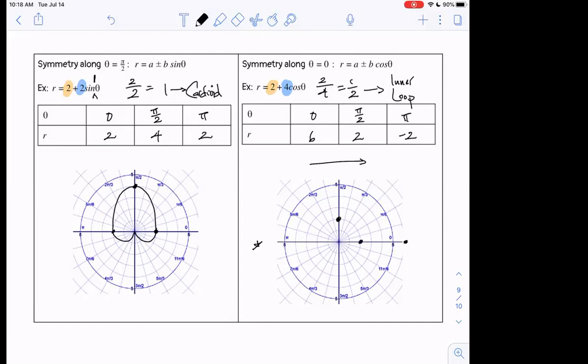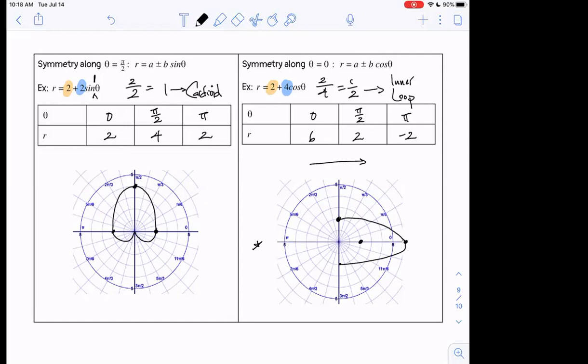And so when we connect these, and again, you can use as many theta values as you want, I'm just giving you an example of how you can find these. You would know that you have this part of that limaçon. And because of symmetry, I can even sketch in the bottom part because I know it's symmetric around theta equals 0. And so now I just need to create that inner loop.